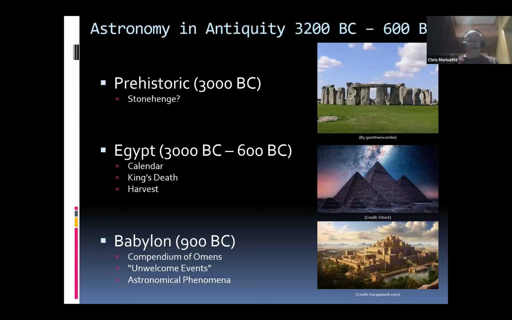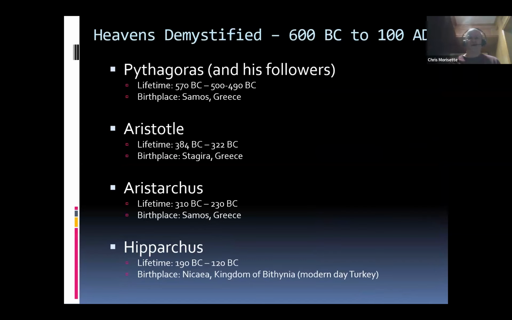The underlying driver for being able to do this was to predict events and create or maintain social and political harmony. So that's where we start out in our journey here with astronomy and antiquity.